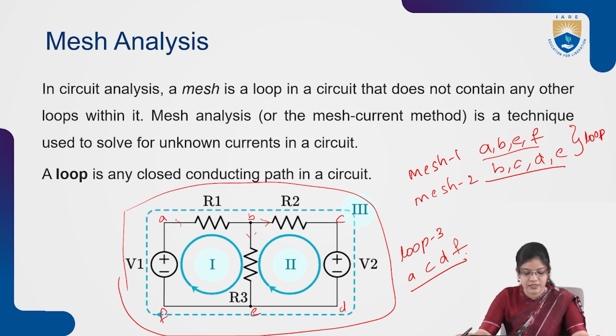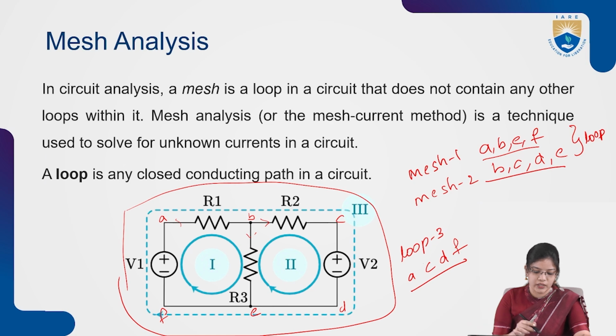What is the difference? A mesh can contain only a single loop, but a loop can contain n number of meshes. If we consider this path as a mesh, there is only one loop.